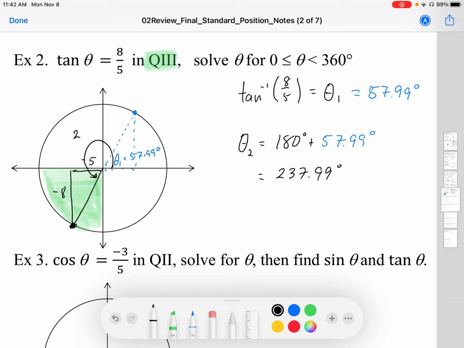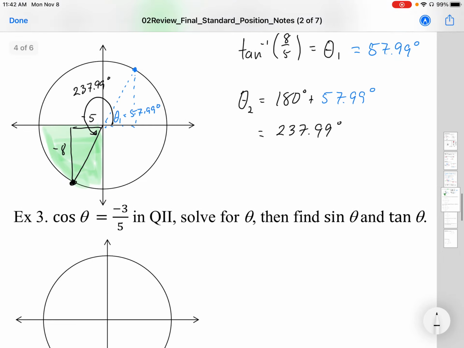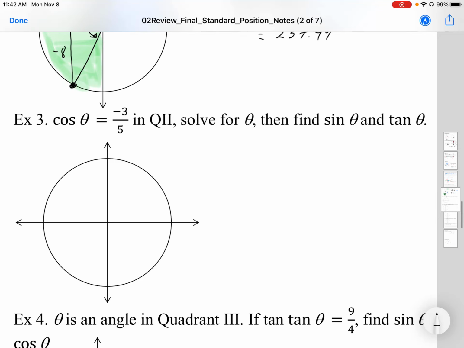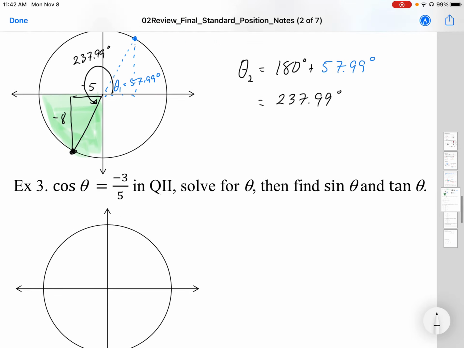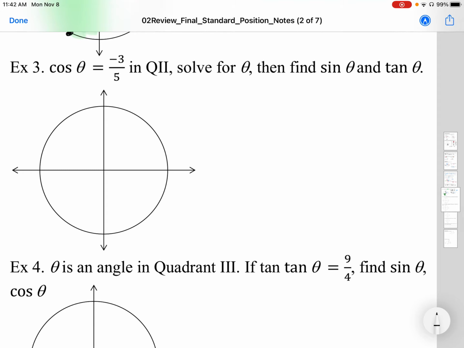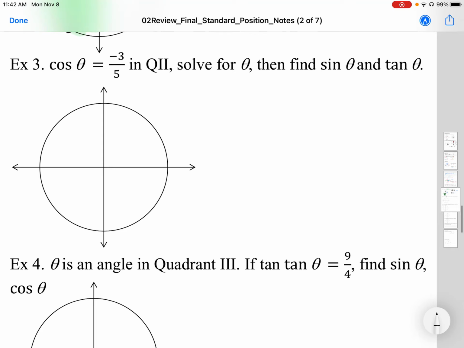So 237.99 degrees is going to get me into quadrant 3. If we know the quadrant, although we have to consider two possibilities, we have to decide based on the quadrant what the solution is.